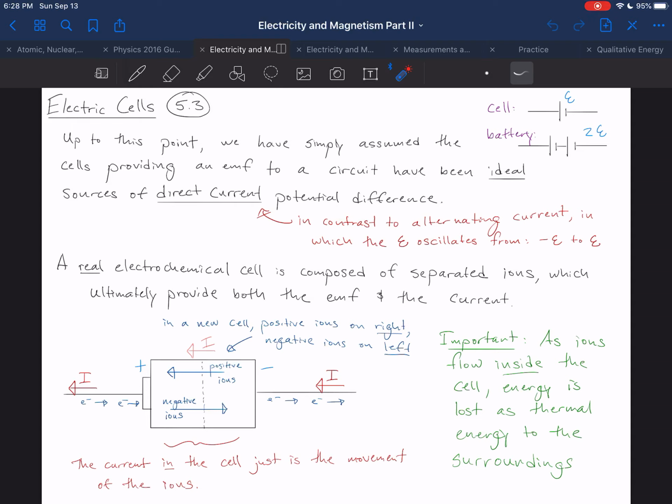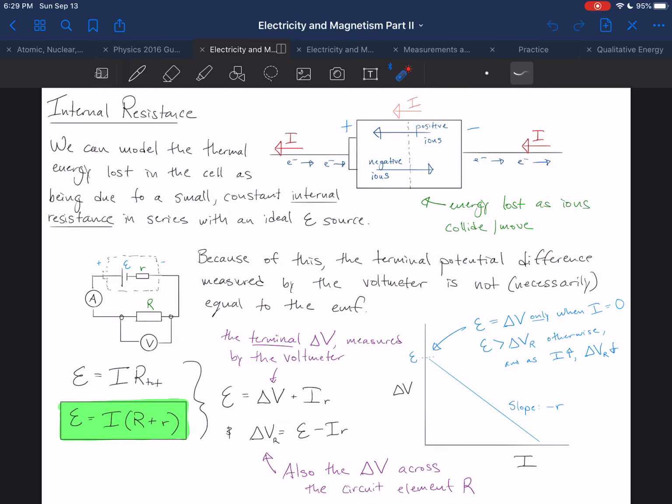That is reduced as much as possible, and in fact, you usually want to use cells where there is not very much energy being delivered to the cell itself. But sometimes it's unavoidable, and in a real cell, a certain amount is literally unavoidable as those ions move from one side to the other.